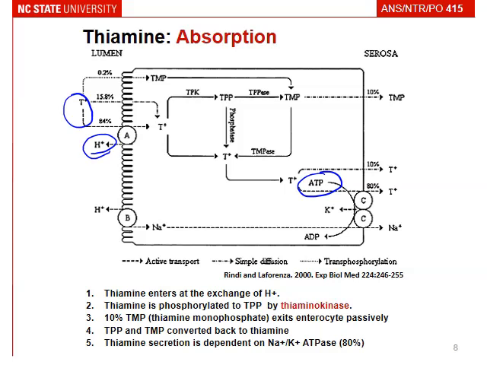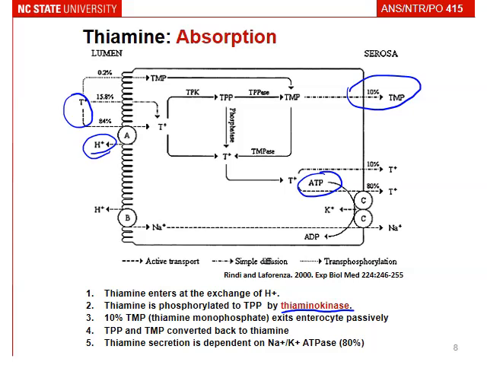Once we have our thiamine enter, we rephosphorylate it to TPP, and that occurs by thiamine kinase. And then, as I mentioned, we have that TMP that enters, and we have some of that formed again within the enterocyte. About 10% of TMP is able to enter into the blood, and that occurs all passively.